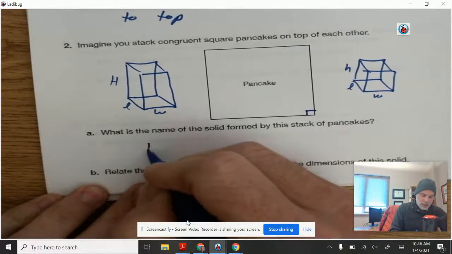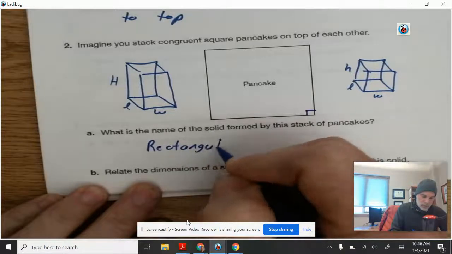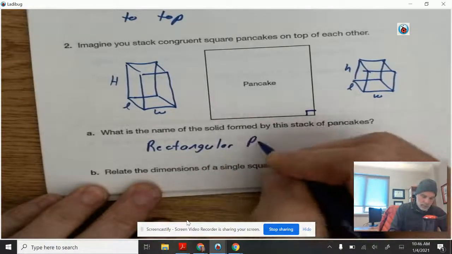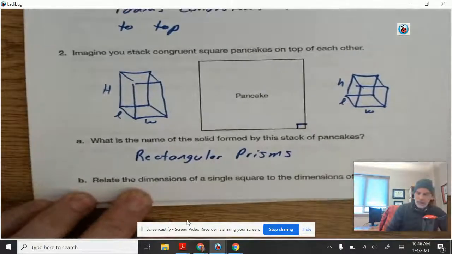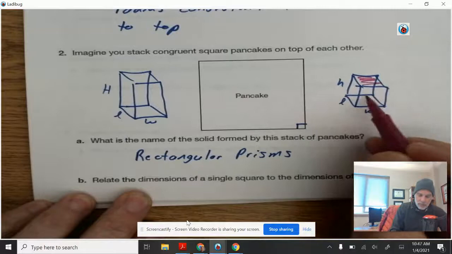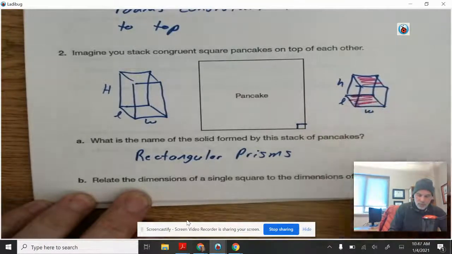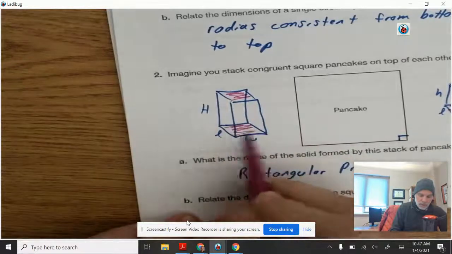So we call these rectangular prisms. Okay, prisms, remember, have an identical top and bottom. So the top and bottom are identical. Right here, the top and bottom are identical.